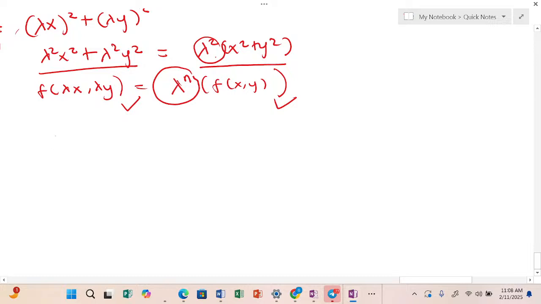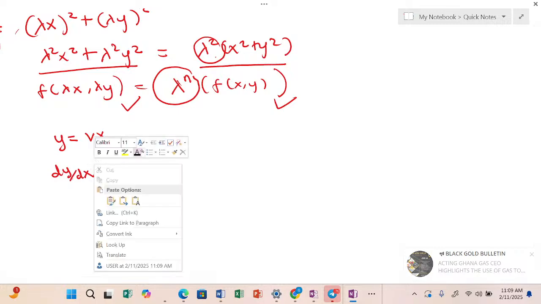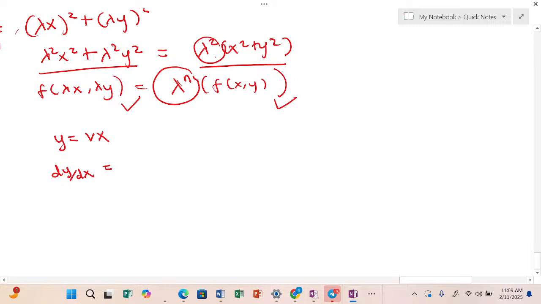two substitutions where we have y is equal to vx, and then we differentiate y. So dy/dx should be equal to, differentiating this by the product rule, we keep v as a constant and differentiate x with respect to x, and we get v, plus we keep x as a constant and differentiate v, where we get x dv/dx.